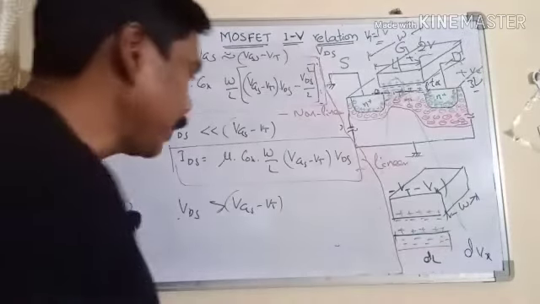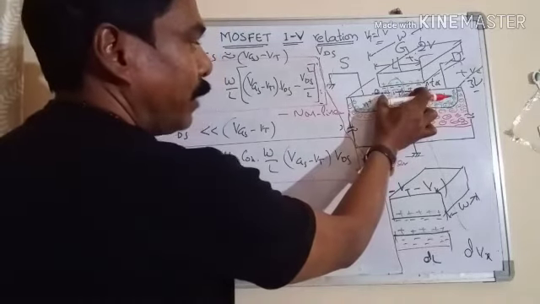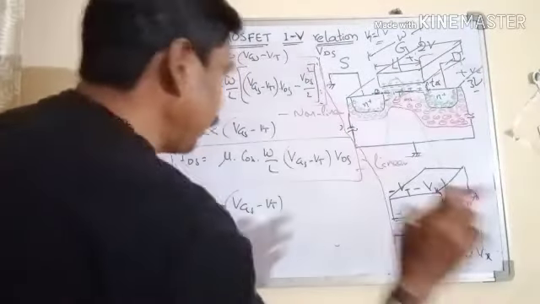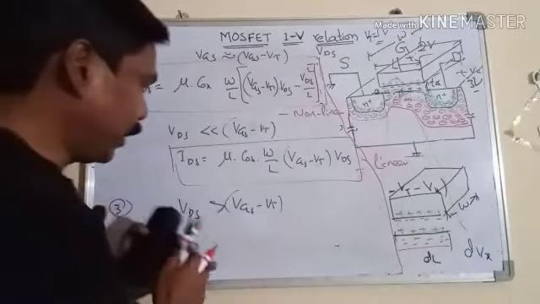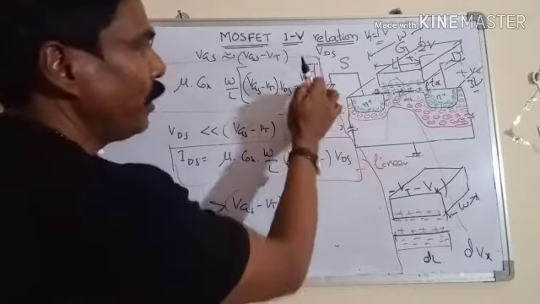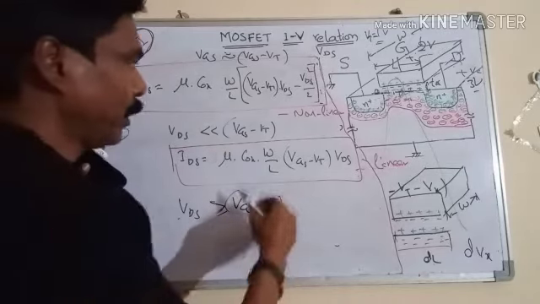So at VGS minus VT, the voltage across the channel becomes constant, and the current becomes saturated. So the equation will become VDS equal to VGS minus VT. It will not increase further.